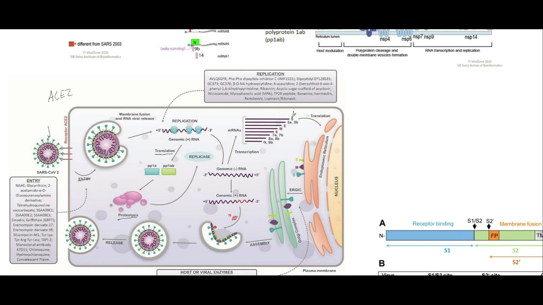So this S here, once again, is the spike protein we'll be talking about soon. And these are actually brought into the endoplasmic reticulum, and then they move into the Golgi apparatus for further processing.